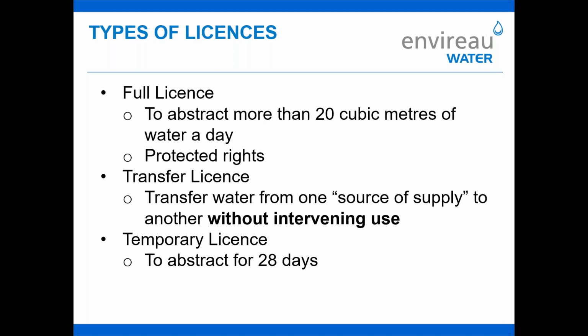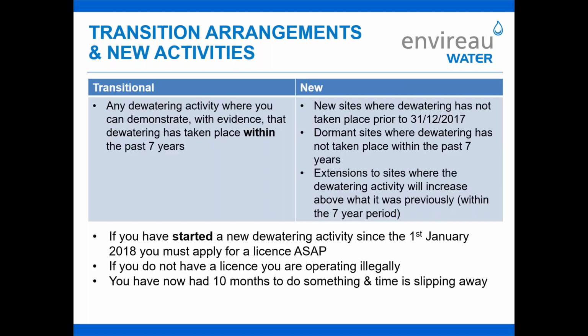So it allows from day one of the following 28 days. One of the advantages of a temporary license is that it is very quick to determine. It's determined within 28 days, and you've got 28 days to abstract. It may be useful, but it's a term that you may hear. So those are the types of licenses that we are talking about.